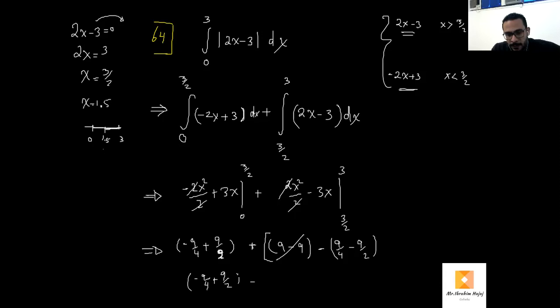So it's minus negative 9 over 4 minus 9 over 2. It's clear the answer is negative 9 over 4 minus 9 over 4 gives 0, and positive 9 over 2 plus 9 over 2 gives 18 over 2, which is 6.